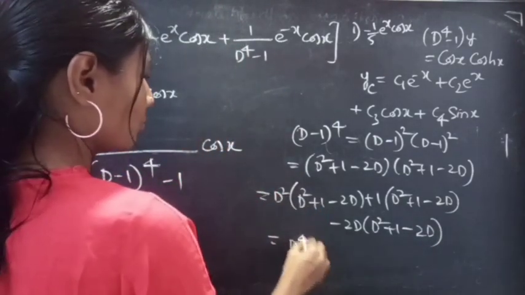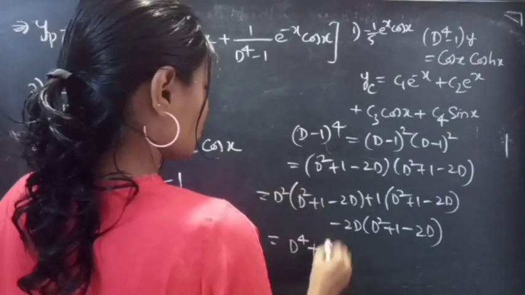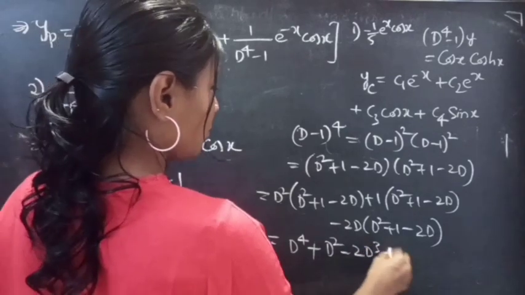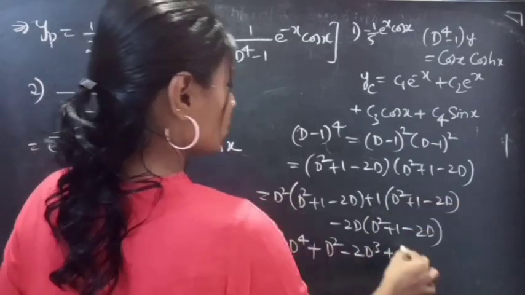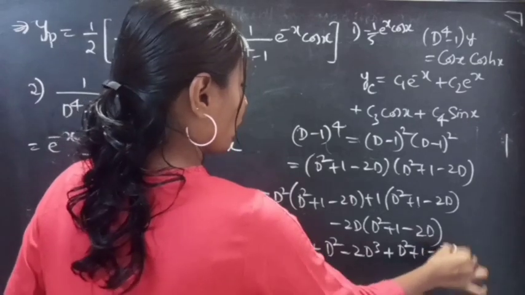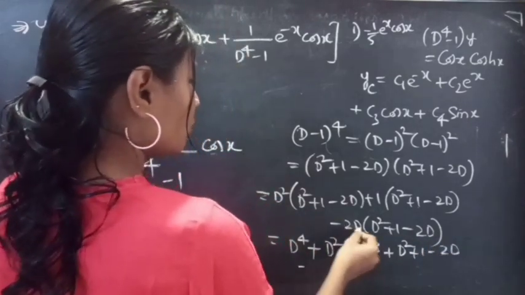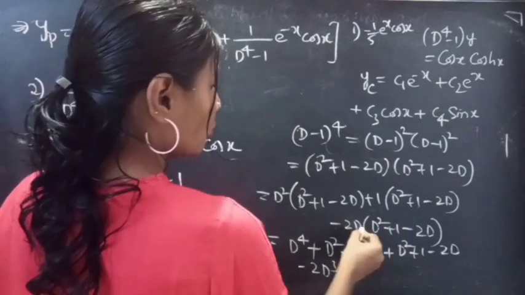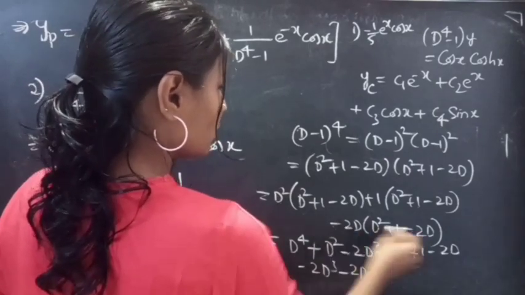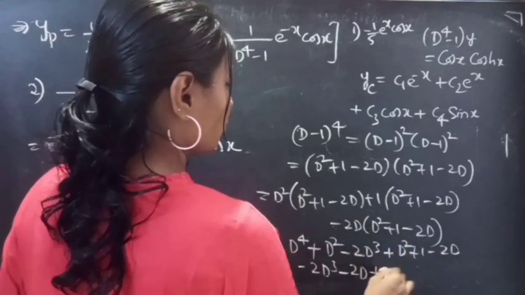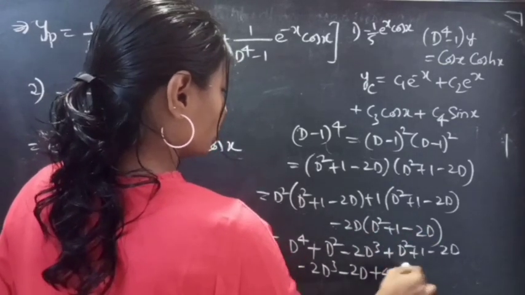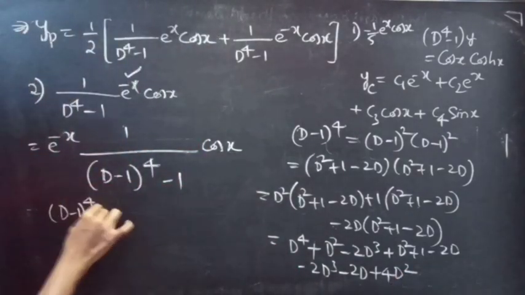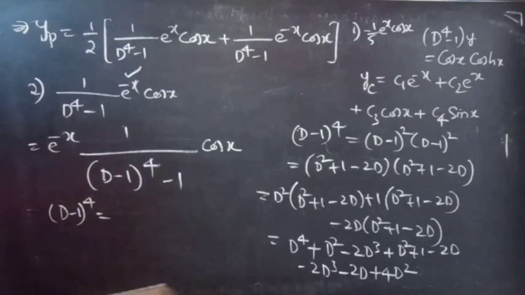Which is equals to d square into d square is d power 4, plus d square into 1 is d square, minus 2 into d square into d is 2d cube, plus 1 into d square plus 1 minus 2d is d square plus 1 minus 2d, minus 2d into d square is 2d cube, minus into plus minus 2d into 1 is 2d, minus into minus plus 2, 2s are 4d into d square, right? Then expansion of d minus 1 whole power 4 will be d power 4.